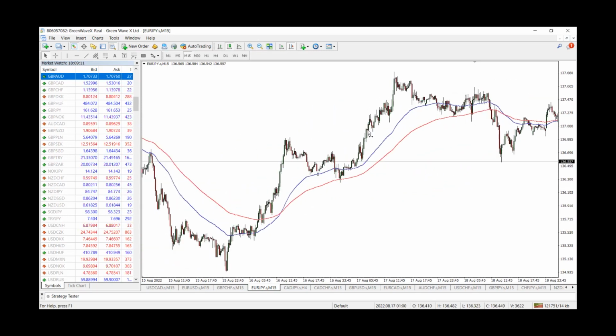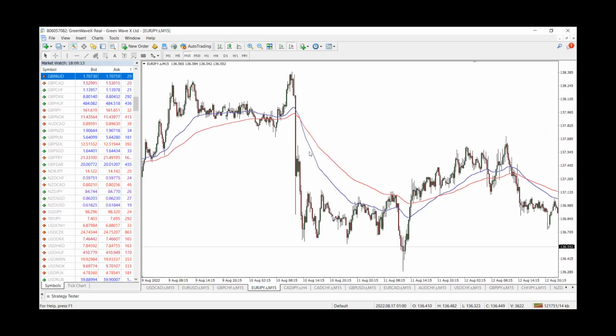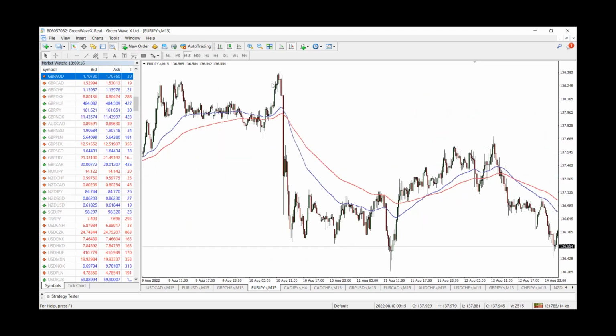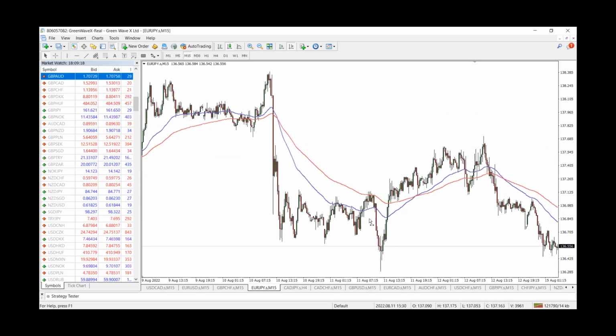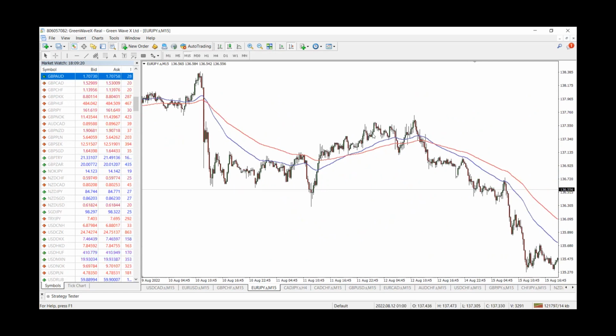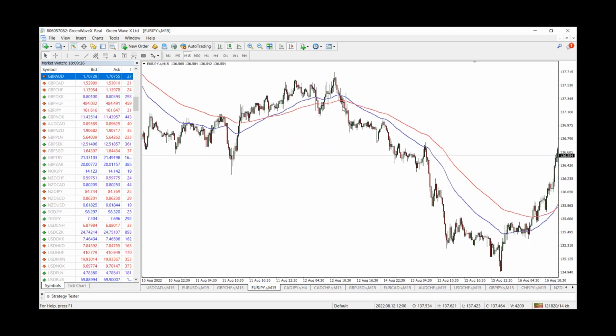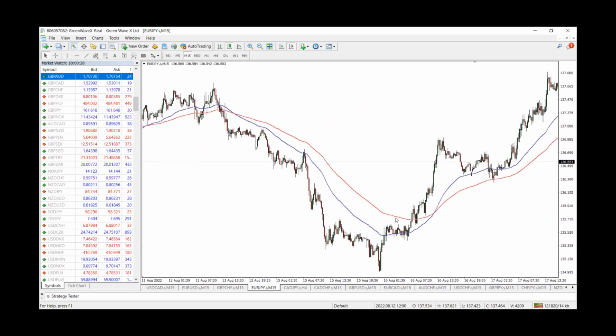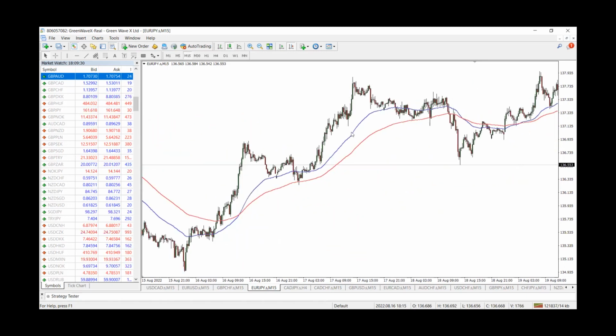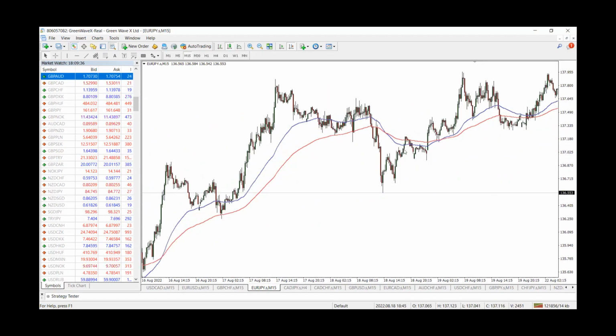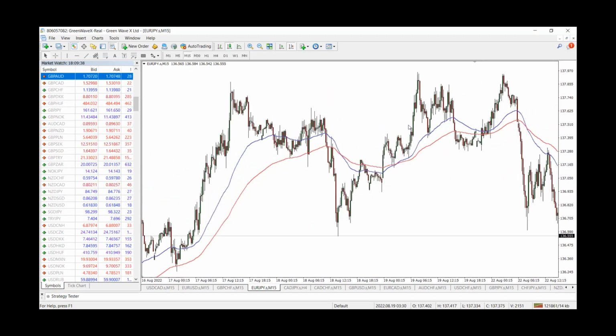Take this euro yen, for example. If you want to count the number of good trades and bad ones, let's say from here, this is the first one, a good one. This one is small, so this is a bad one. That's 1-1. This one is a bad one, that's 1-2. This one is a good one, 2-2. Good one, 2-3. Bad one here, 3-3. Maybe just a good one, 4-3.